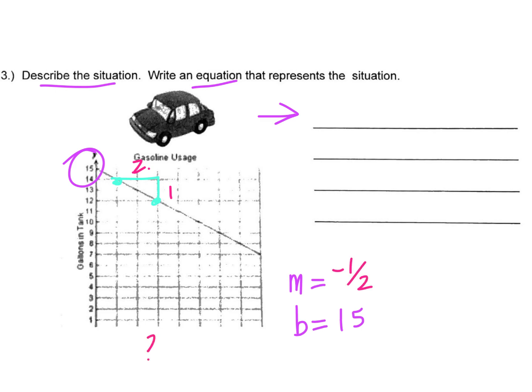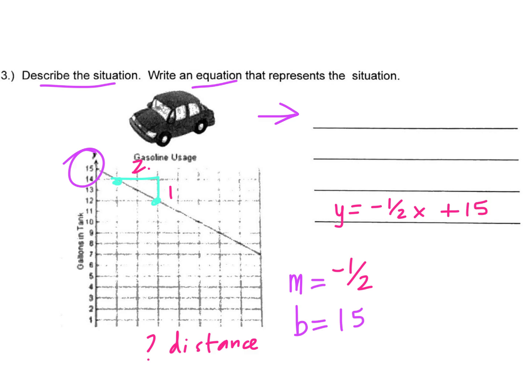It doesn't tell us what the x-axis is. I'm assuming that's something to do with distance traveled. So maybe every mile or so, it's decreasing in gas. So my equation would be y equals -1/2 x plus 15.